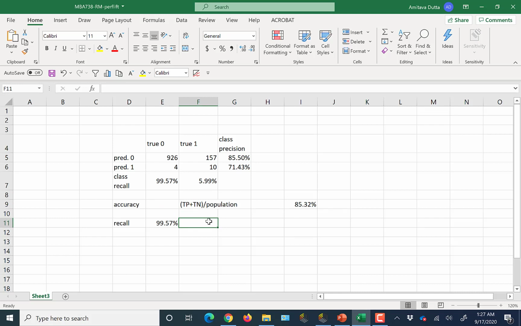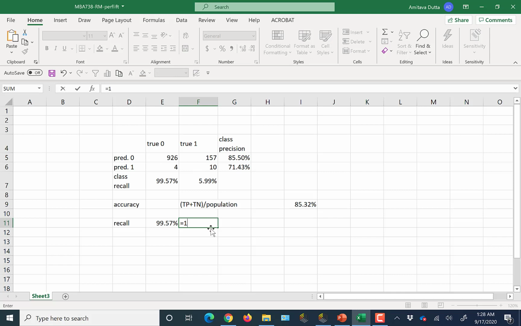Along similar lines, what is recall for category 1? Actually, recall is the same as sensitivity, for the individuals who do have CHT, coronary heart disease. The denominator is all the people who have CHT in the population, which is 157 plus 10. Out of those, 10 were correctly identified as having CHT.